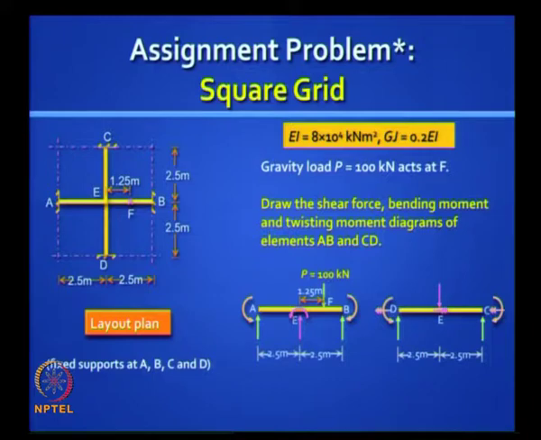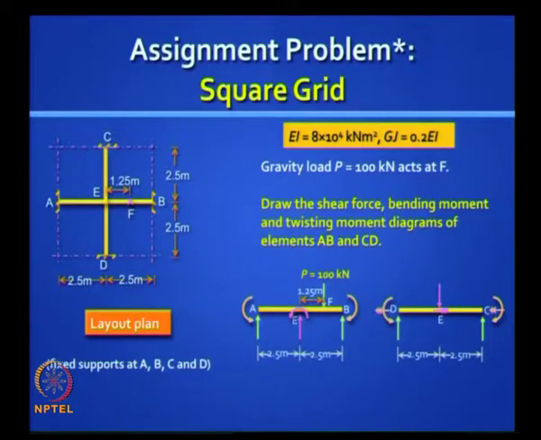If you draw the free bodies, it's similar to the previous problem. You will find that AB will be connected to CD through the joint at E, right? For AB, what do you have?